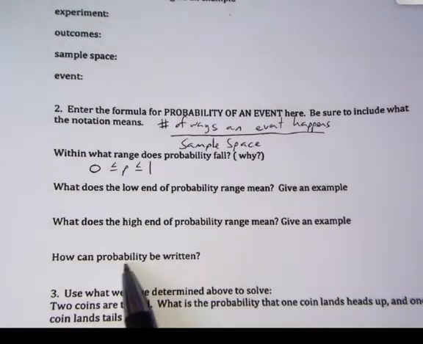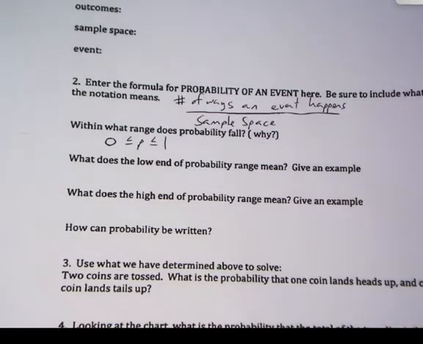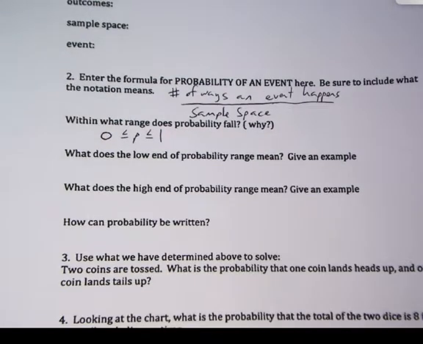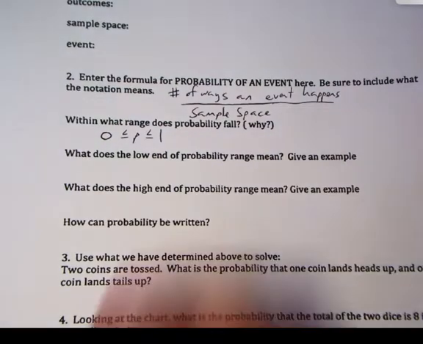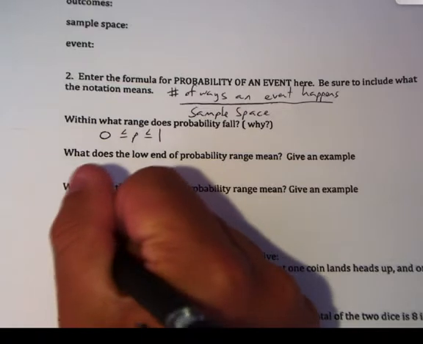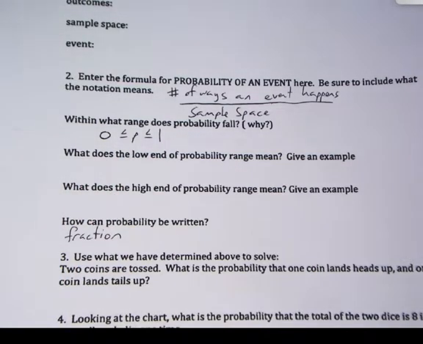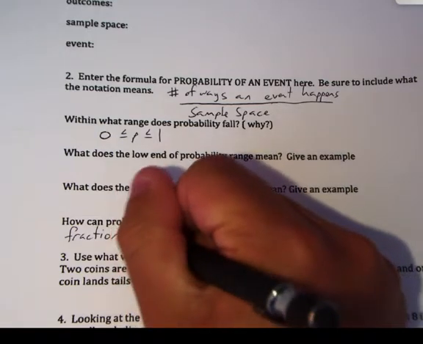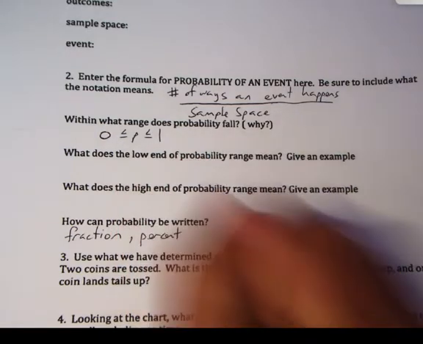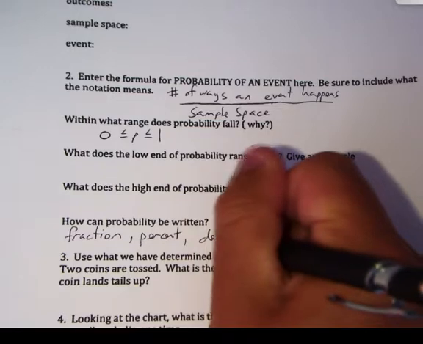The way you can write your answers to a probability question, there are 3 ways you can write it. And I don't care how you guys do it. You can write it as a fraction. That's fine. You can write it as a percent. Or you can write your answer as a decimal.